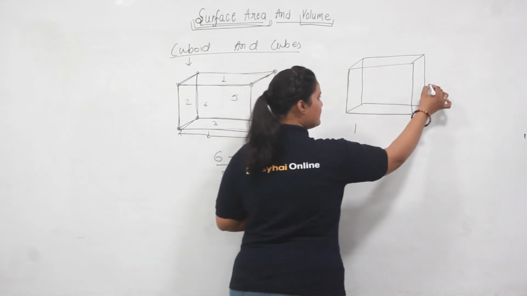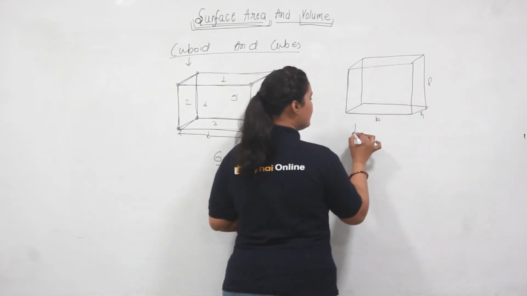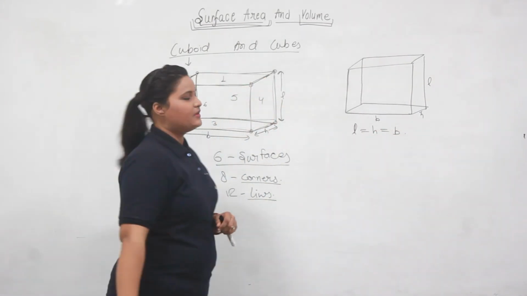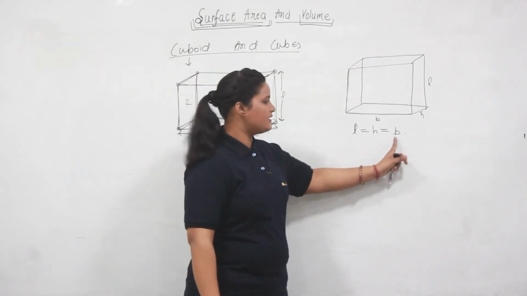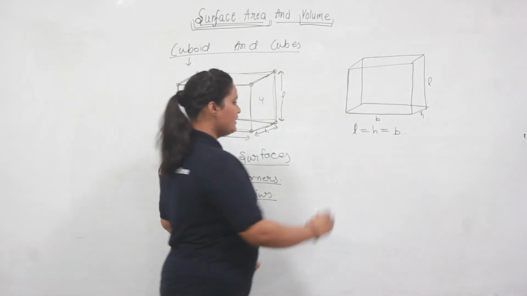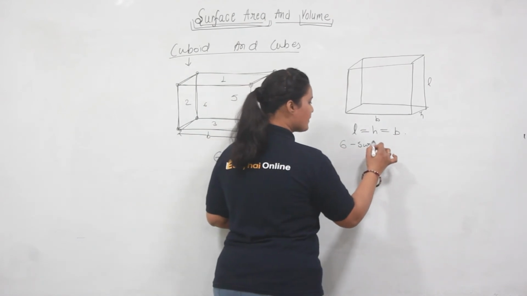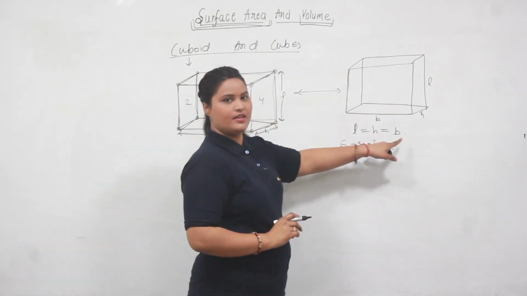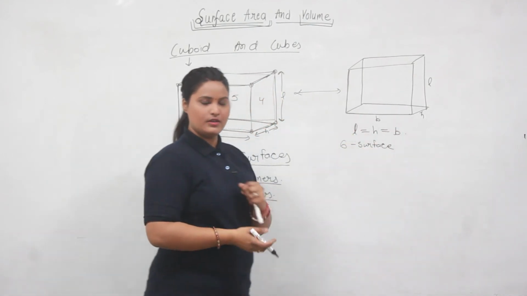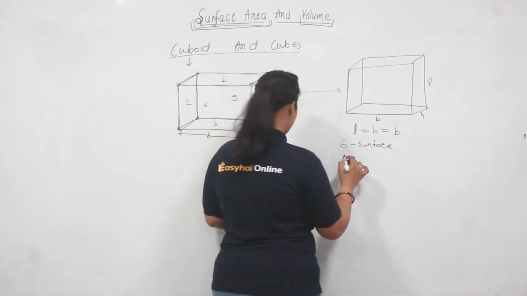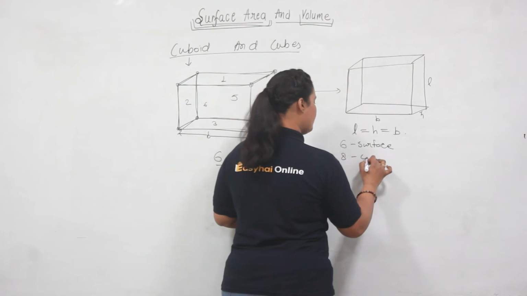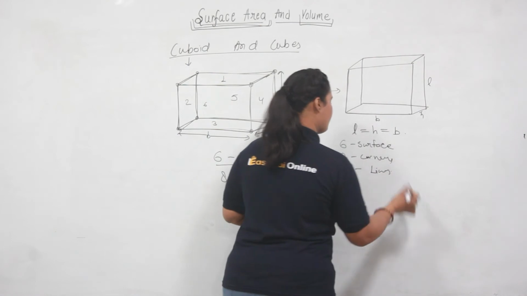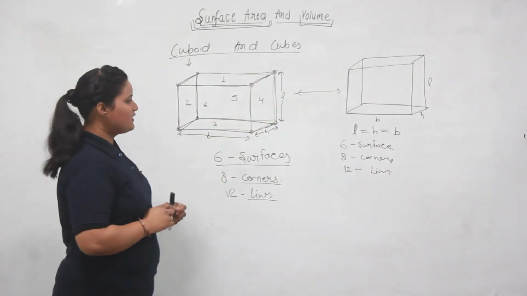Its length, breadth and height are equal to each other. Length is equal to height is equal to breadth. Again, it has 6 surfaces, 8 corners and 12 lines, because the shapes are alike. Clear? I hope this is clear.